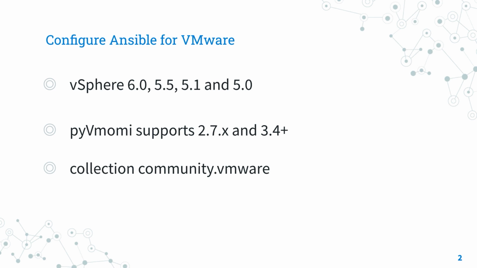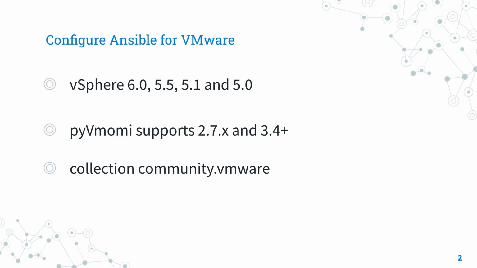This library interacts with the VMware vSphere API in order to execute some Ansible code. The pyVmomi library supports Python 3.7 as well as 3.4 and following.